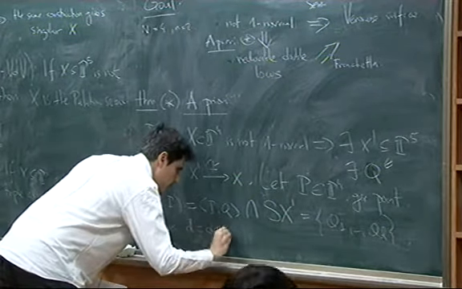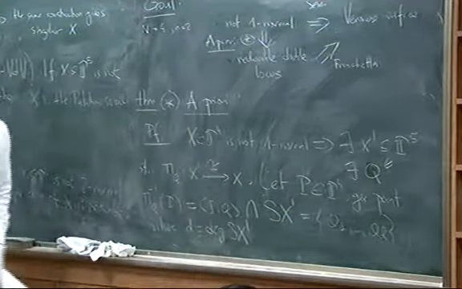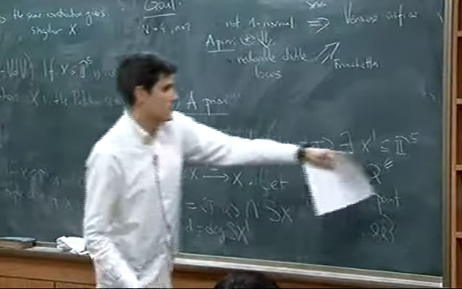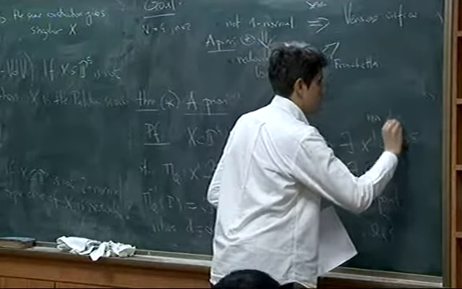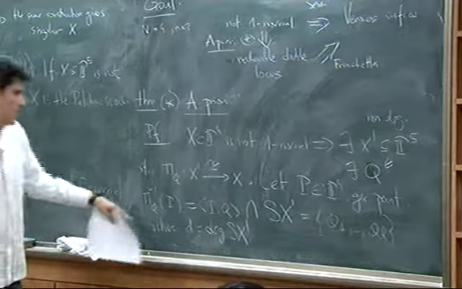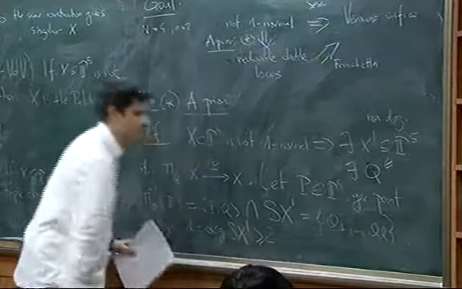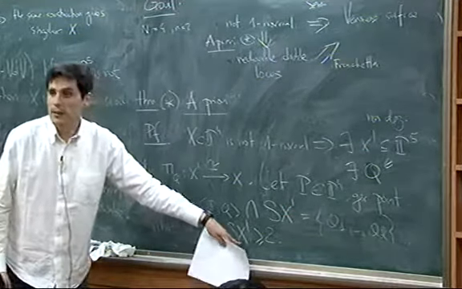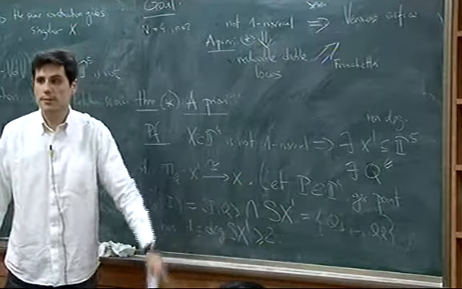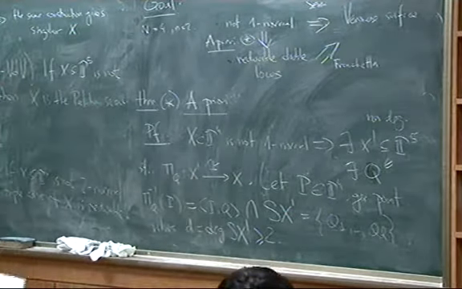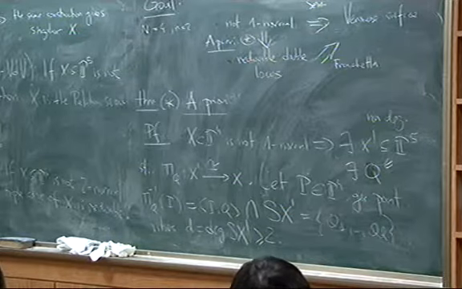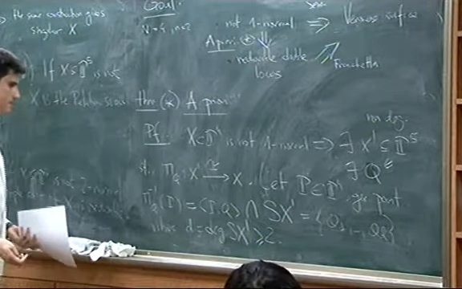is exactly the degree of the secant variety of X prime. But since X prime is non-degenerate, this number is greater than or equal to 2, right? Otherwise, if this is 1, X would be contained in a P4, so X prime would be degenerate.